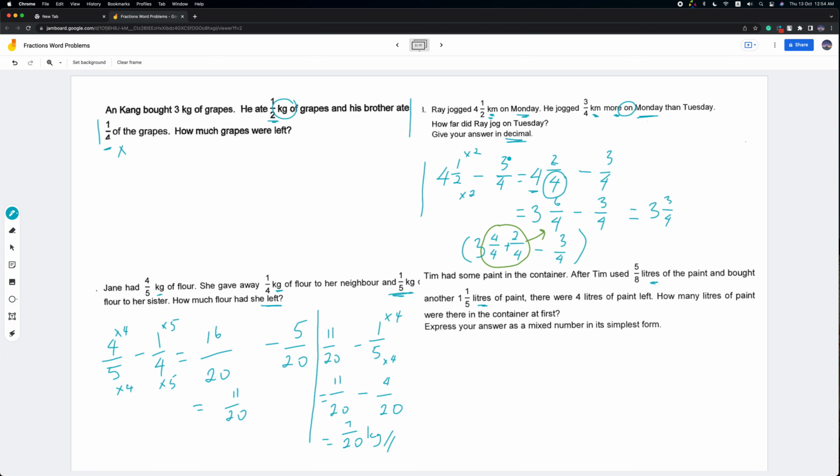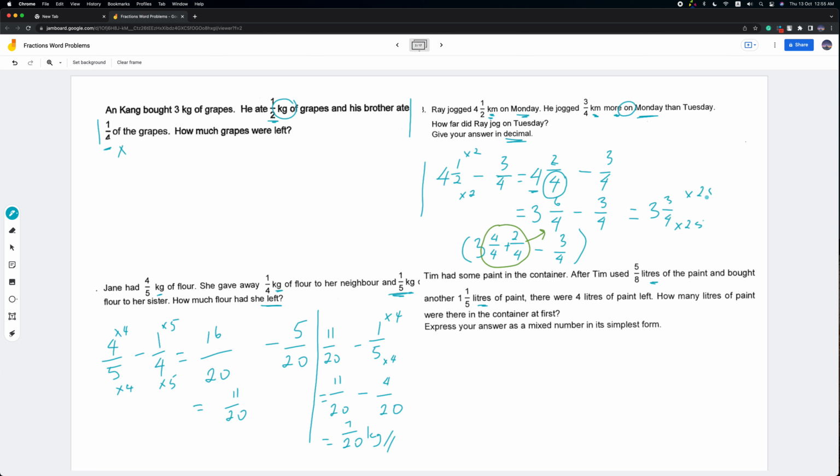If you remember our lesson in Fractions Part 1, I mentioned to you to memorize how to change quarters into decimal. So we multiply by 25.